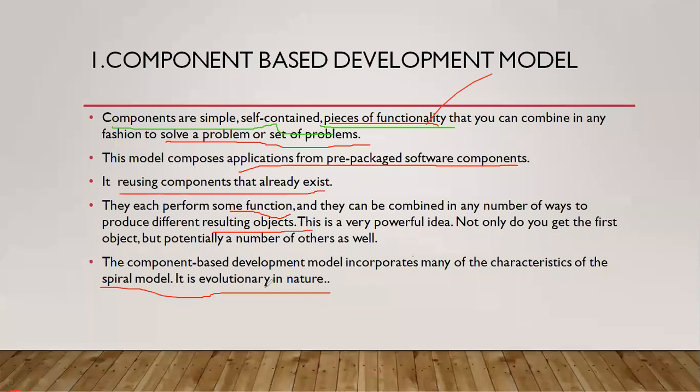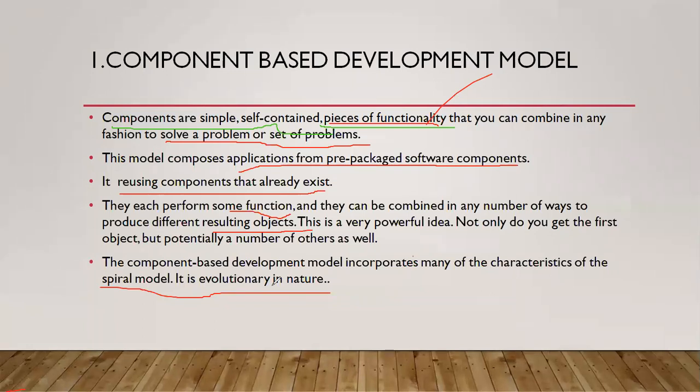Why it will take the spiral model features and why we call it evolutionary in nature, if you see the diagram we will get a clear picture. Evolutionary in nature means, if you want to develop something new, or add new features to your existing code, then those kinds of projects are called evolutionary projects.